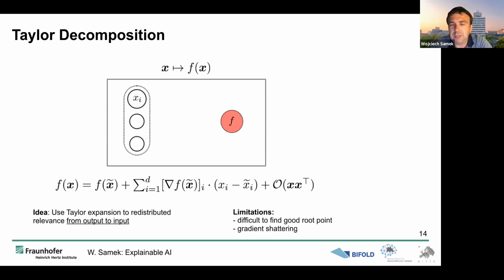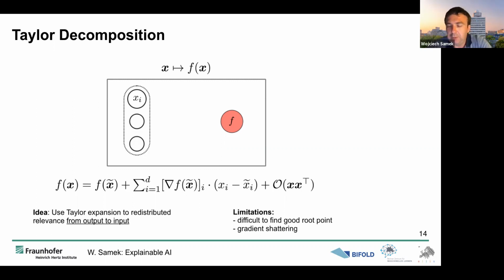So if you have a function, you can expand it. And if you find a nice root point, x tilde here, then this first term, f of x tilde, becomes 0. And what you have is the sum over your dimensions plus some higher order term. But for many simple neural network models, this higher order term doesn't matter.